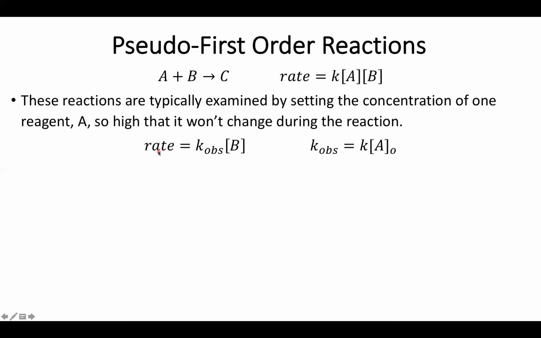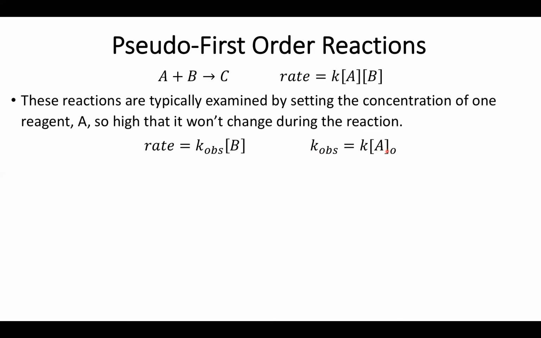So what we're really seeing is how the rate changes as a function of B, because we now have a new observed rate constant, which is going to be relatively constant, as the actual rate constant is, well, a constant, and the concentration of A really isn't deviating from its initial.